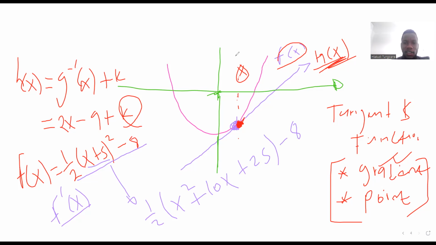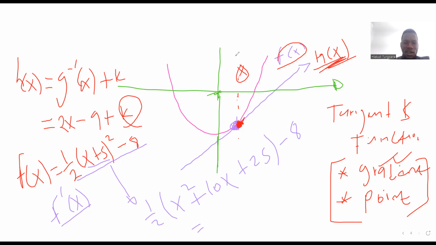Then I can now multiply throughout by 1 over 2. I'm trying to write this thing in a standard form so that it's going to be easier for you to differentiate this function, or to find the derivative, right?